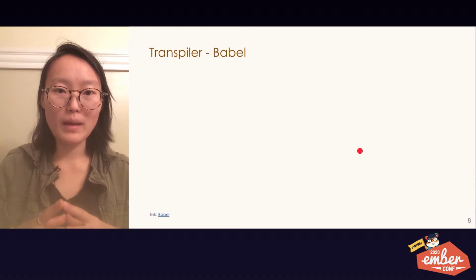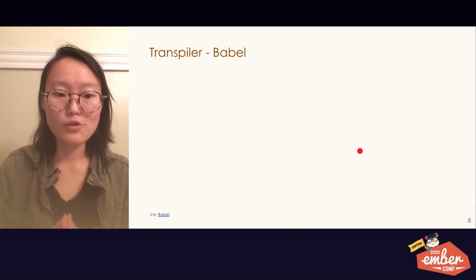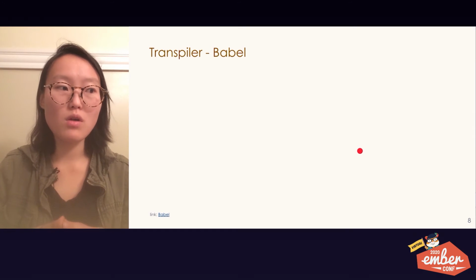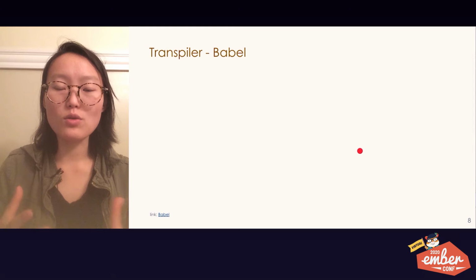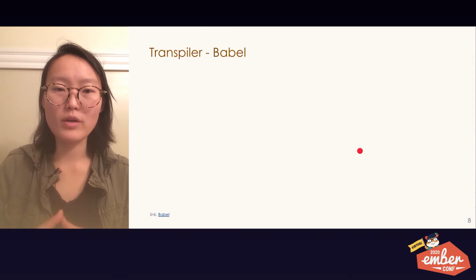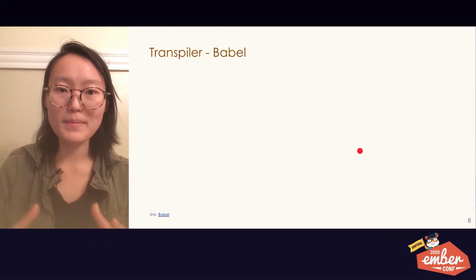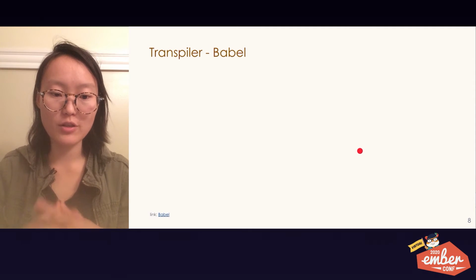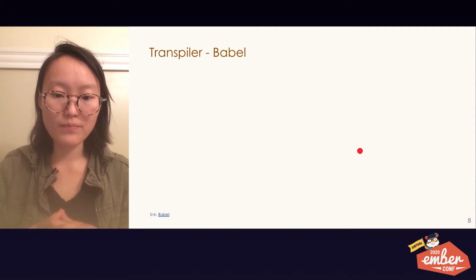For the next thing, I'm going to talk about the third tool, Transpiler. The reason why I want to look at it is that even though you may not be actively using this tool, it's probably somewhere in your dependencies. You probably have it as a package in your project.